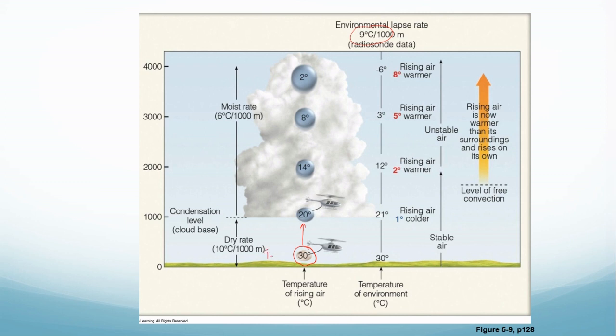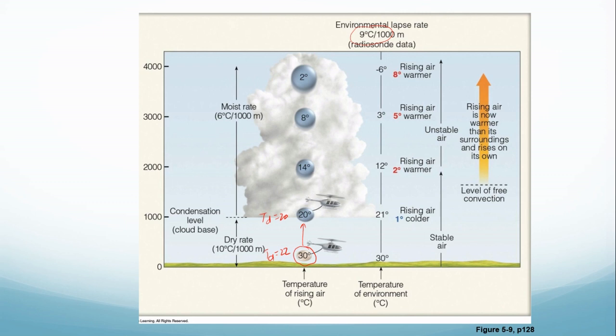Well, if the dew point temperature is 22 at the surface, then it drops at a rate of 2 degrees Celsius per kilometer, which means that it is now 20 degrees at an altitude of 1 kilometer. You are now fully saturated. It will start to condense and form a cloud.